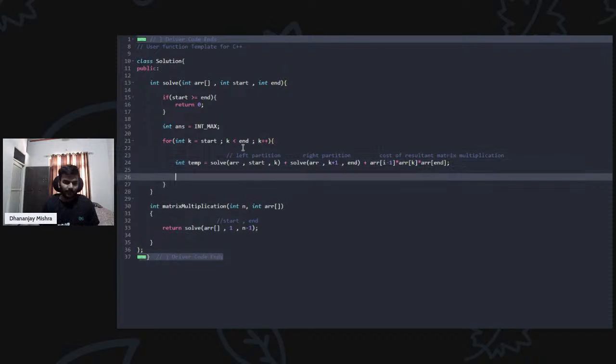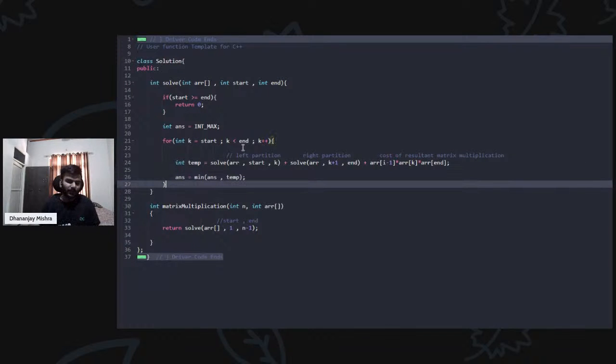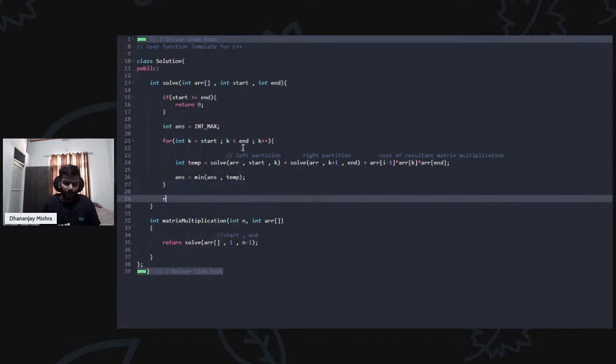So that is it. And after that we will be taking the minimum of all the possible answers. You guys can see how small this code is. The only thing is about finalizing the logic and what you will be doing with the recursive function, right? And after that we will be returning my answer, right?